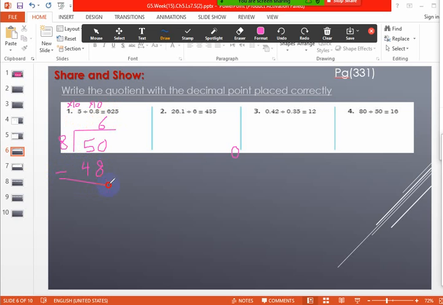Now, if we subtract, first thing I have to borrow from the 5, so it will be 4, and this one will be 10. Now, 10 minus 8 equals, very good, 2.